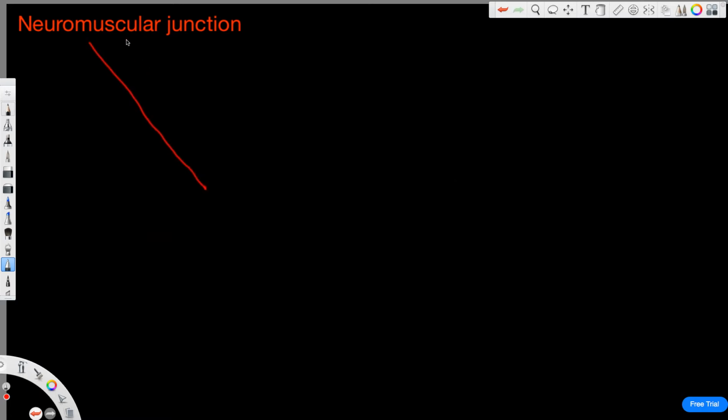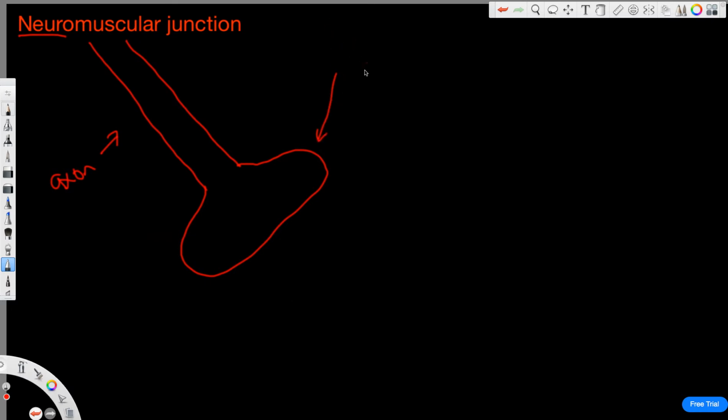So the first part of this is the neuro part, because we have neuromuscular. So that implies that there must be a neuron present. So here we have the axon, and the widened end of it is the synaptic knob, or synaptic end bulb, or axon terminus.